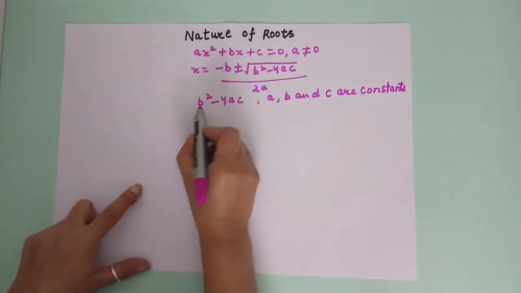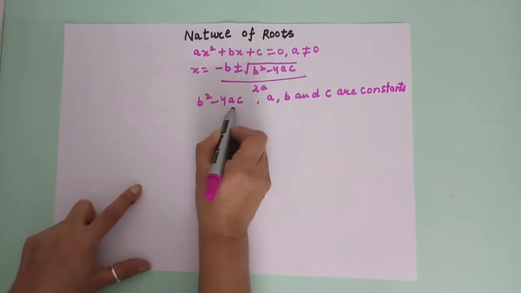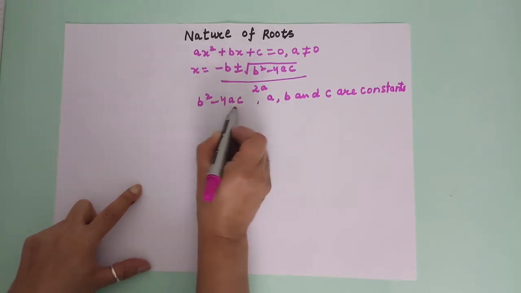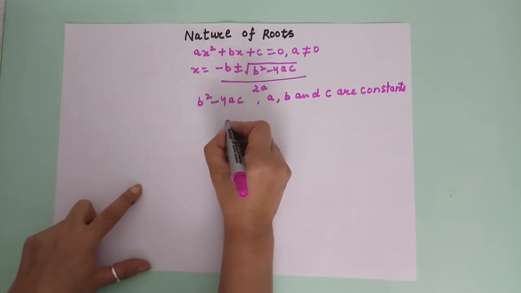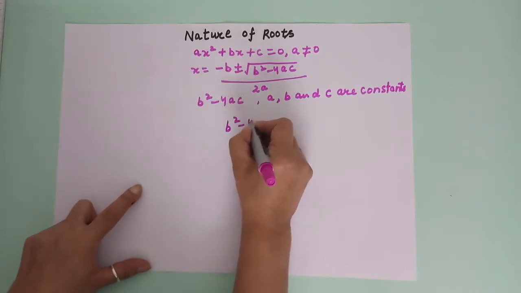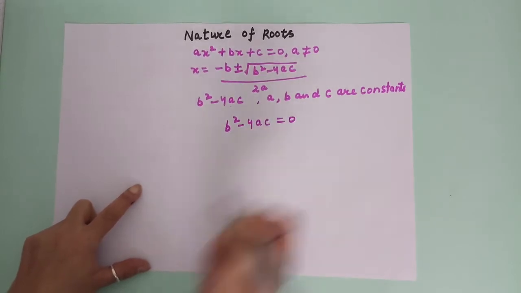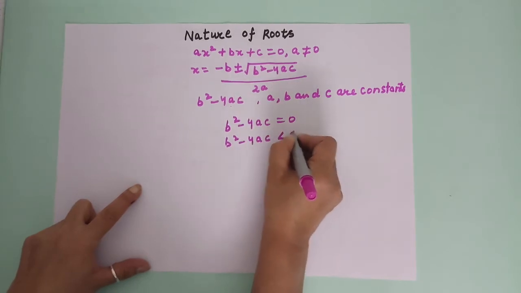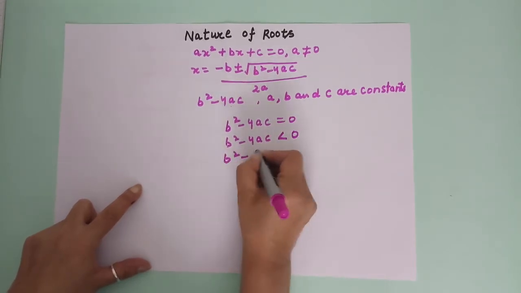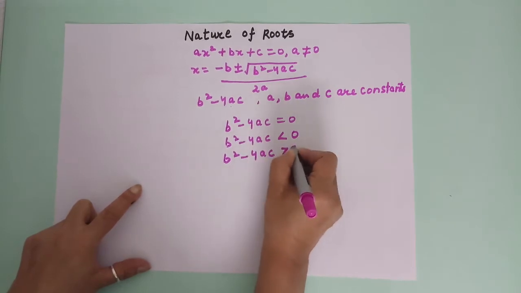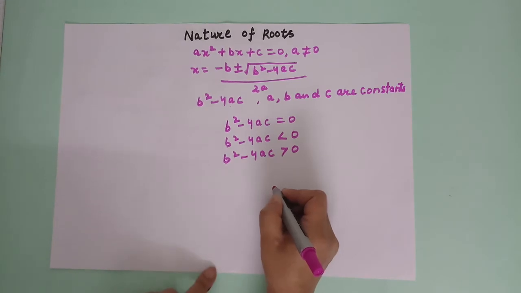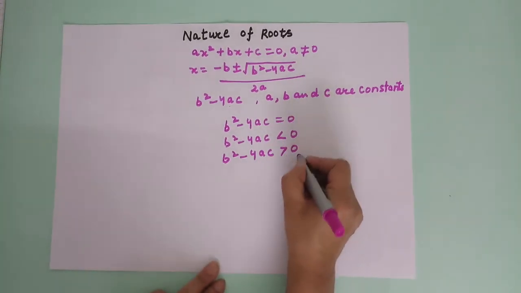That means if we substitute these values here, we are also going to get a constant value for b² - 4ac. Now the value of b² - 4ac can be either 0, or less than 0, or greater than 0, right? So let's see what happens to the roots of a quadratic equation in each of the three cases.